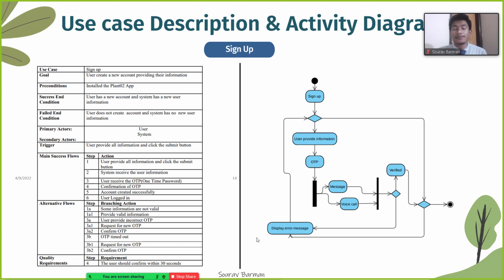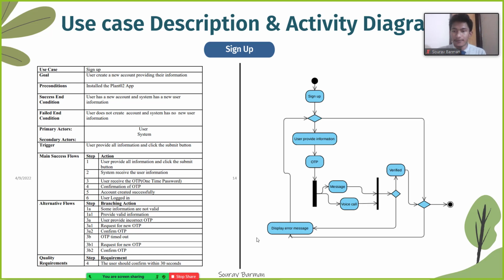The goal of the sign up use case is that the user creates a new account by providing their information. The precondition is that the user must install our Plant02 app, and the success condition is that the user has a new account and the system has new user information.